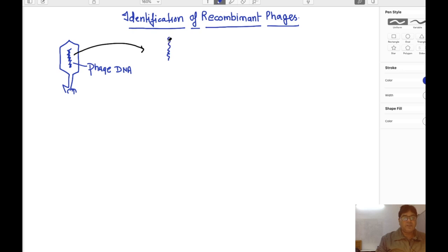So this is the phage DNA. Then the gene of interest is inserted in it. So this will be the gene of interest.